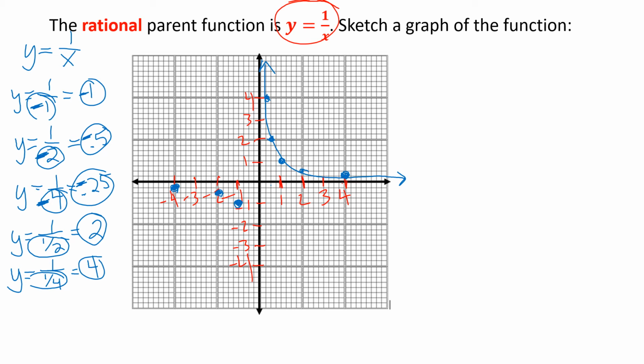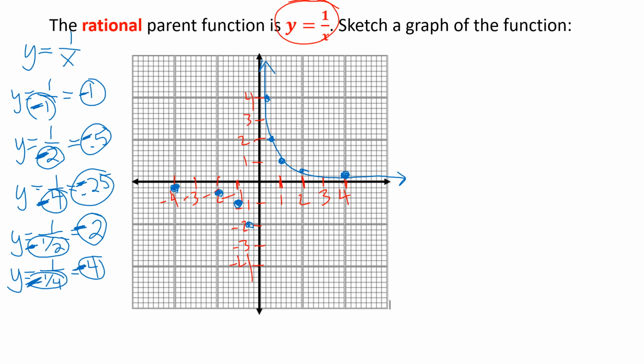And then same thing with 1 divided by 1/2. I'm going to do 1 divided by negative 1/2, which would give us negative 2. So I'm going to go over to negative 1/2 on the x-axis and down to negative 2 on the y-axis. And then instead of 1 divided by positive 1/4, I'm going to make this negative 1/4, which would equal negative 4.